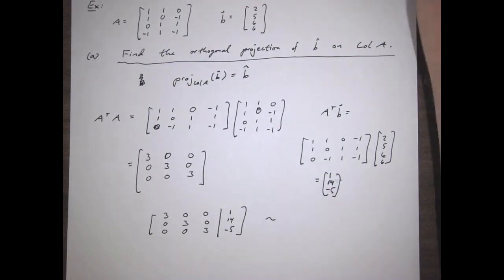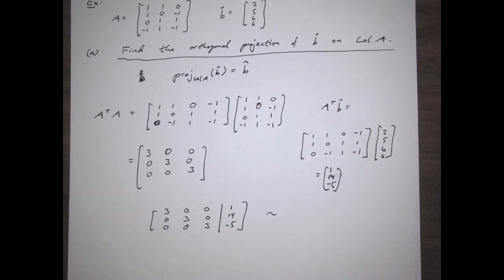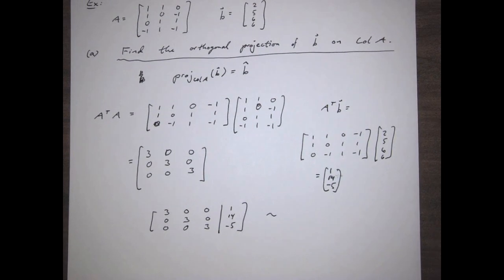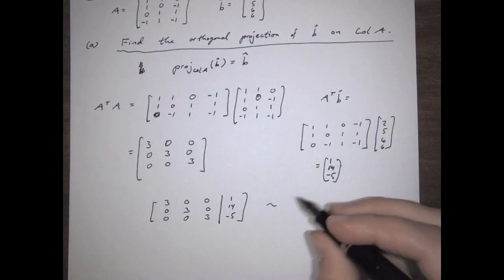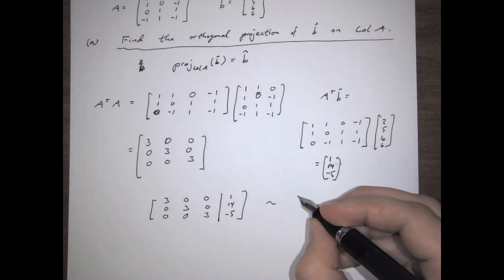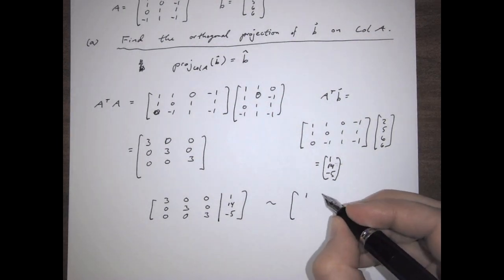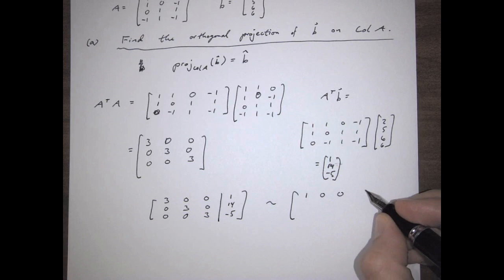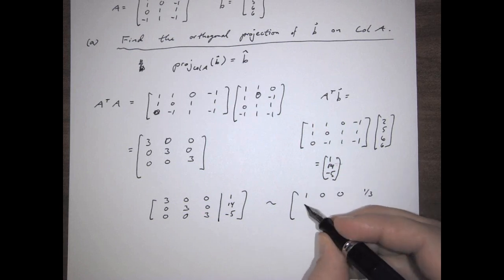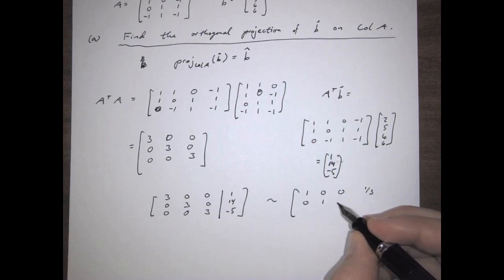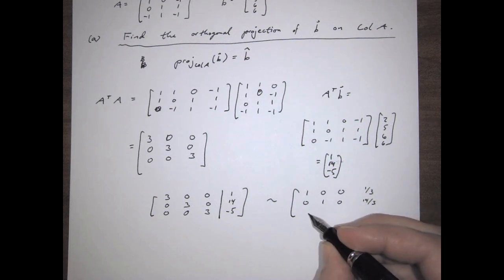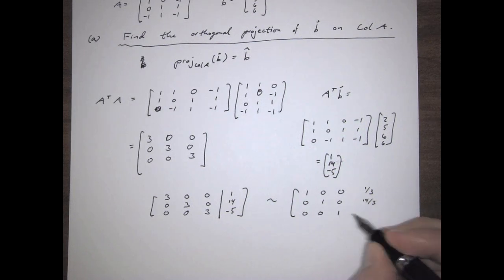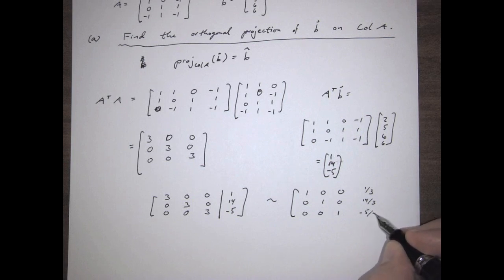And I think we can all do this row reduction hopefully in our heads. It is practically in our REF already. All it needs is some scaling. And so with the necessary scaling, we're going to have 1, 0, 0, 1/3, 0, 1, 0, 14/3, and 0, 0, 1, -5/3.